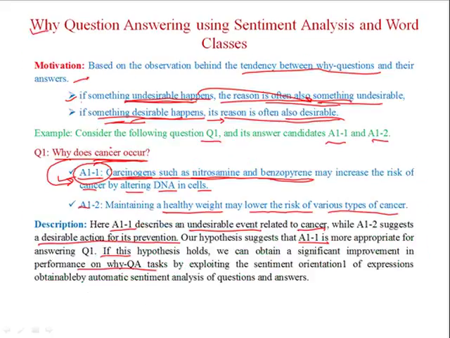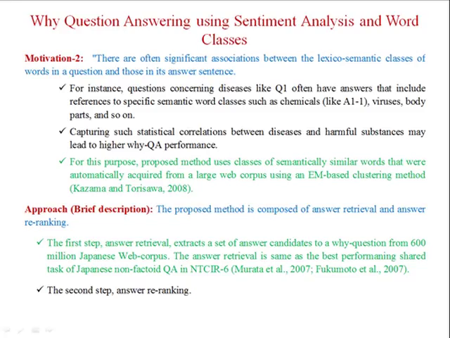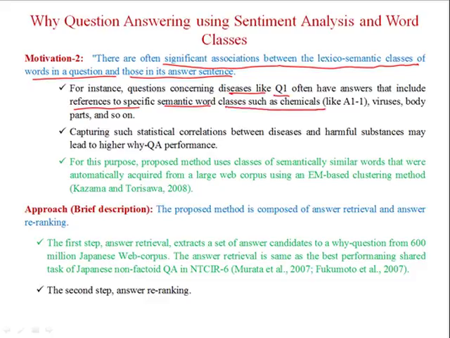Motivation 2. There are often significant correlations between lexicosemantic classes of words in a question and those in its answer sentence. For instance, questions concerning a disease often have answers that include references to specific semantic word classes such as chemicals, viruses, body parts, and so on. Capturing such statistical correlations between diseases and harmful substances may lead to higher why question answering performance.